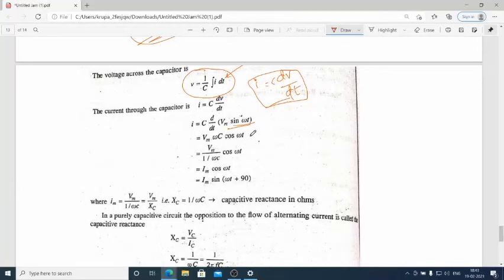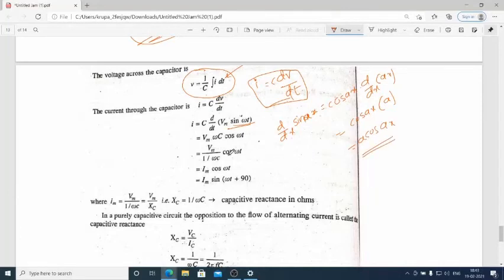The differentiation of sin AX is cos AX into the differentiation of AX, which is A. So finally we get A into cos AX.